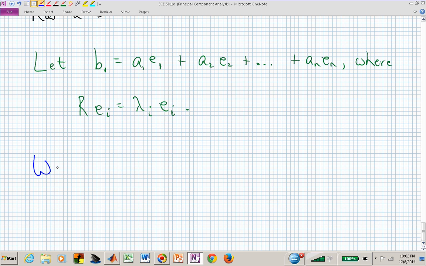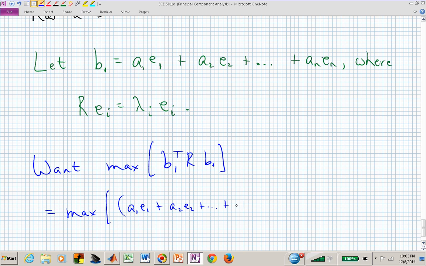Now what we want to do, remember, is to maximize b1 transpose R b1. If we write that out in terms of this decomposition of b1, we now have a1 e1 plus a sub 2 e2 up to a sub n e sub n, transpose. That's just b1.